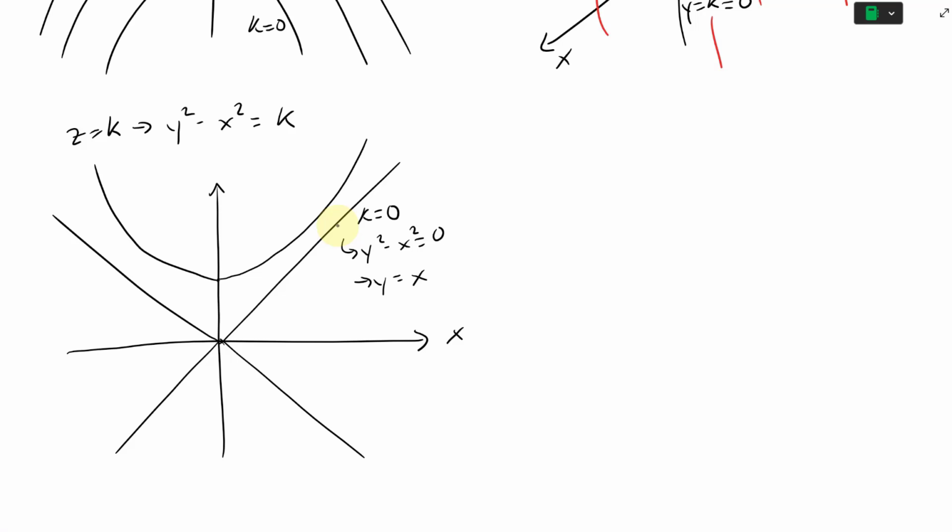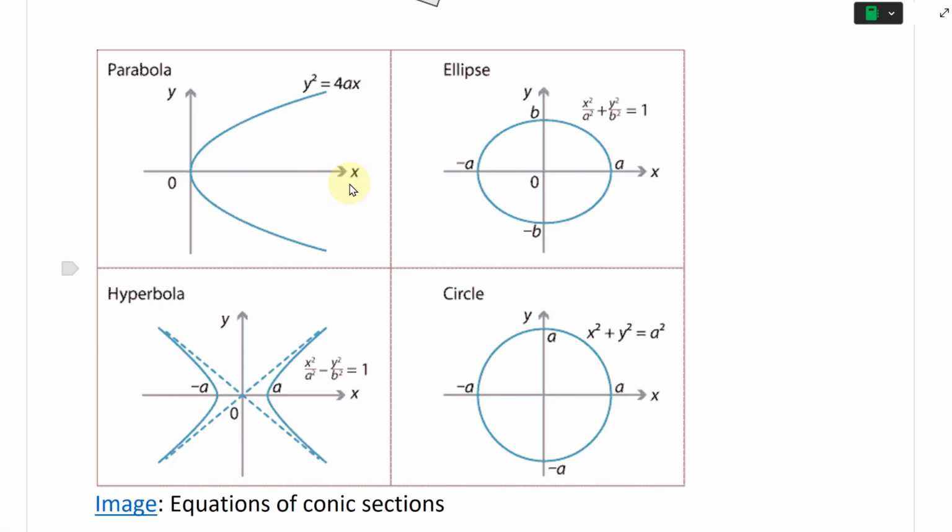And at this point here, this is at k equals 1. And it's a hyperbola, so we get two shapes like this, like that. And this is k equals 1. Here I quickly teleported just to recap on that hyperbola.